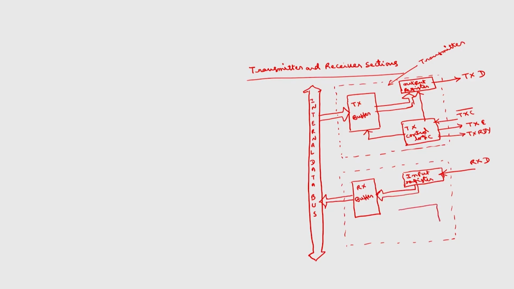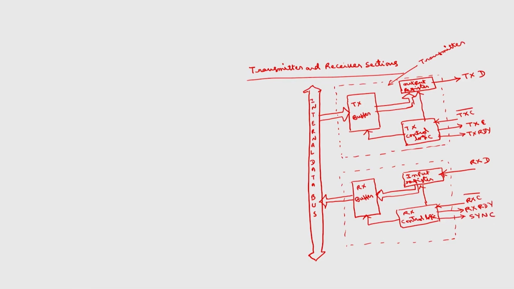Then we have receiver control logic. The signals are here: receive clock, active low signal, receiver ready, then we have the sync signal.